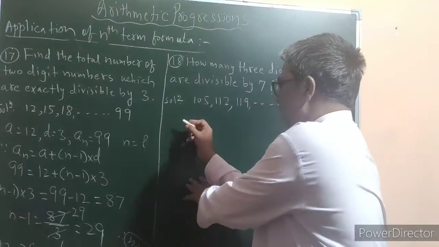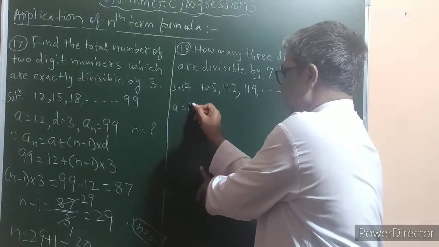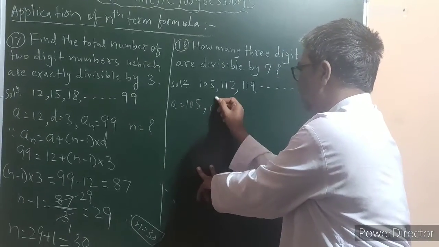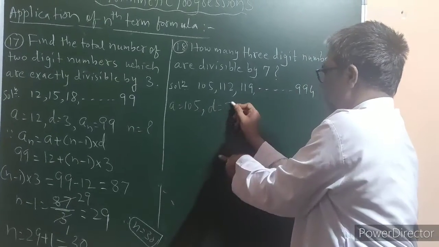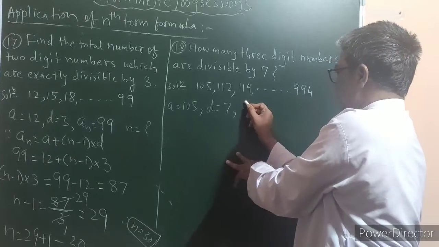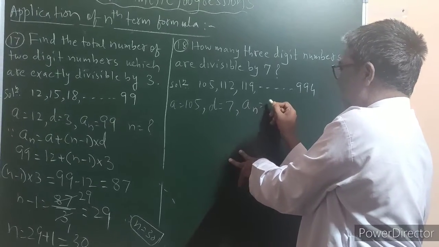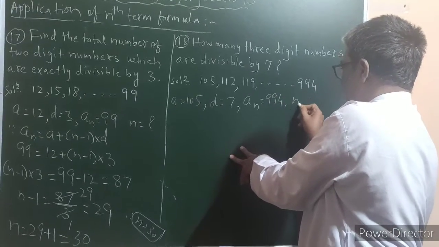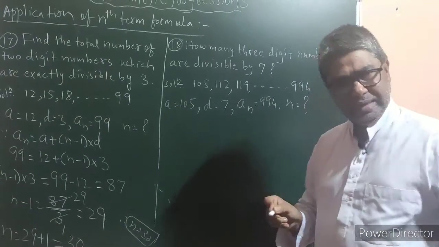Now write the values: a is 105, d is 7, the last term or nth term is 994, and a question mark for n.